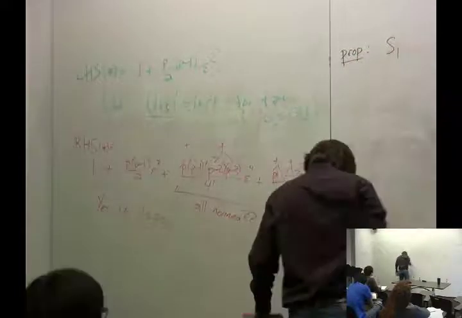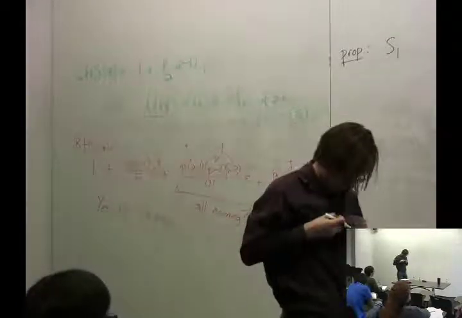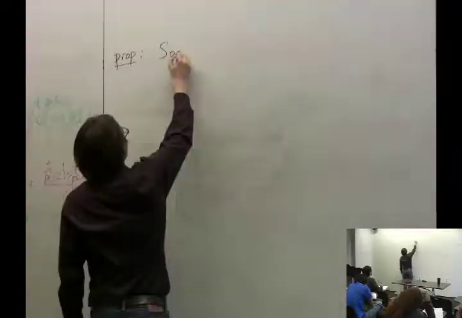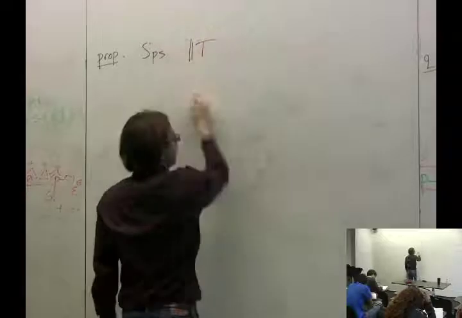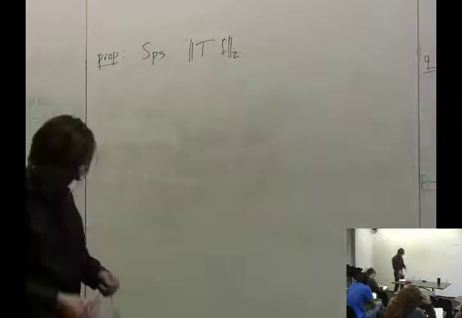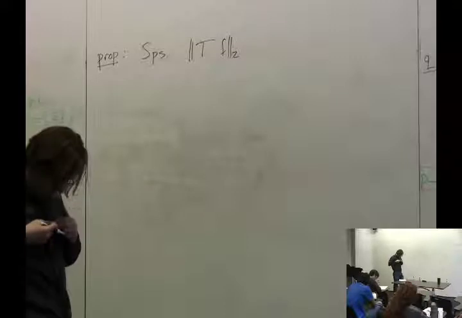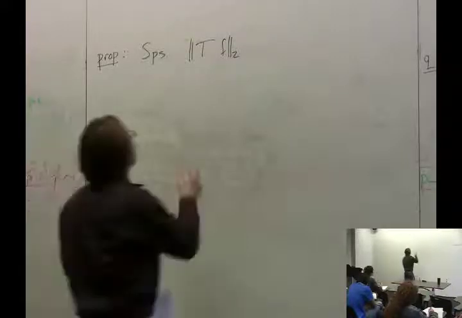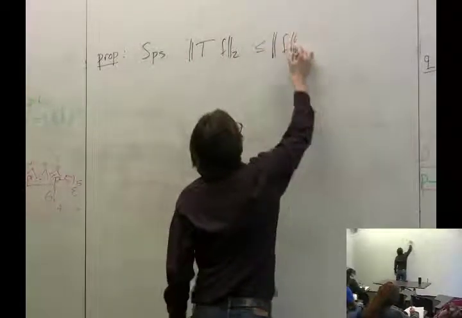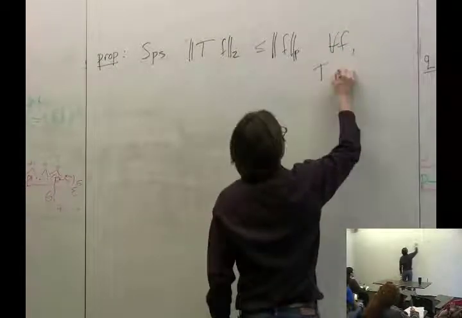Suppose you knew that the 2 norm of TF is at most the P norm of F for all F, where T is a self-adjoint operator.